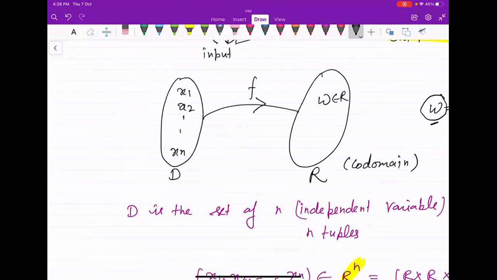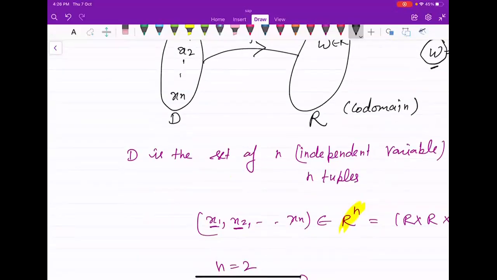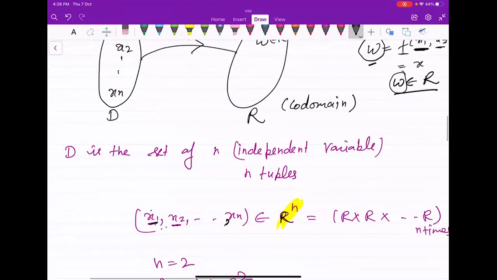If you have n inputs, then we call it an n-tuple, and we say that these n values x1, x2 up to xn together belong to Rn. That means each component of this element belongs to R: x1 is from R, x2 is from R, xn is from R. So it combinedly belongs to the set Rn.